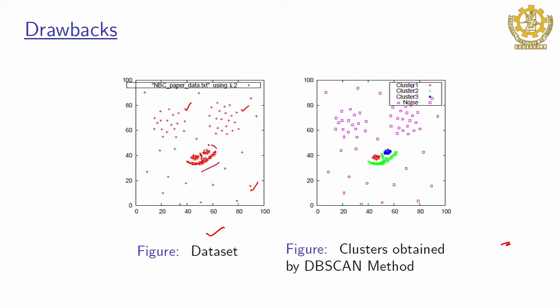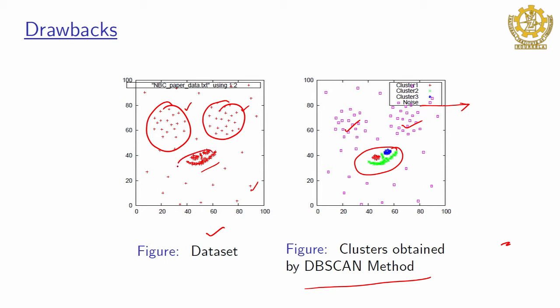Now, if we apply the DB-scan clustering approach on this data set, what do we get? These points will be considered noisy points, you can see in the legend. And we can find 3 clusters from here: this is one cluster, this is another cluster, and these 3 clusters will combine into one.